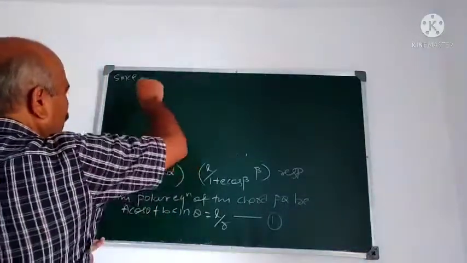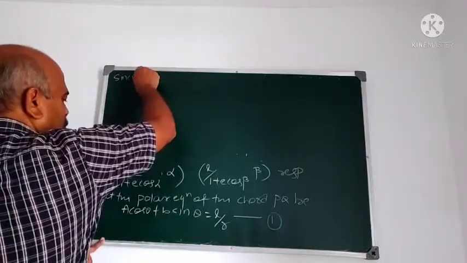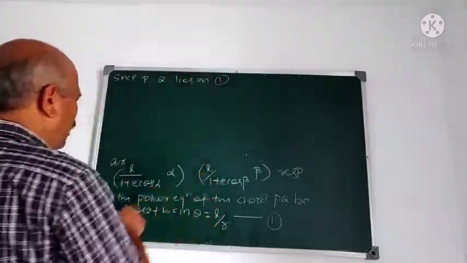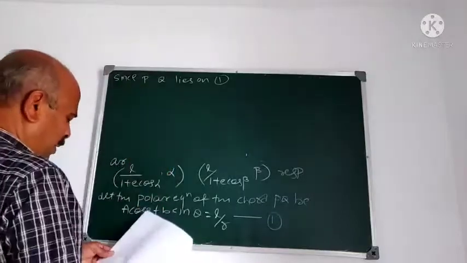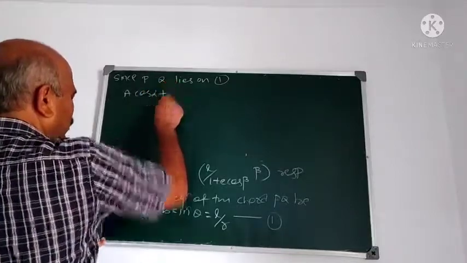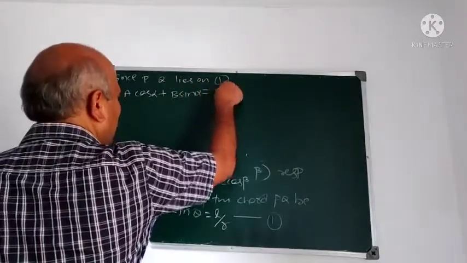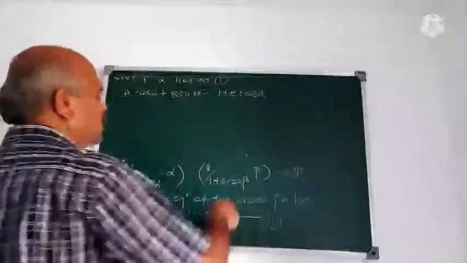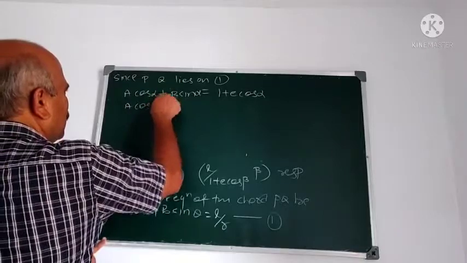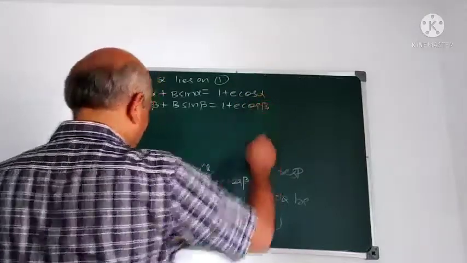How do you find A and B? For that we use that P and Q satisfy equation 1. Since P and Q lie on 1, with theta as alpha, we have A cos alpha plus B sin alpha is 1 plus e cos alpha, because L by R is 1 plus e cos alpha, and A cos beta plus B sin beta is 1 plus e cos beta.